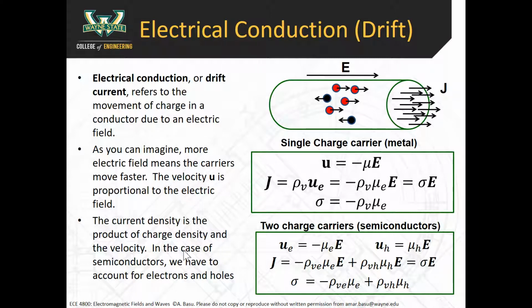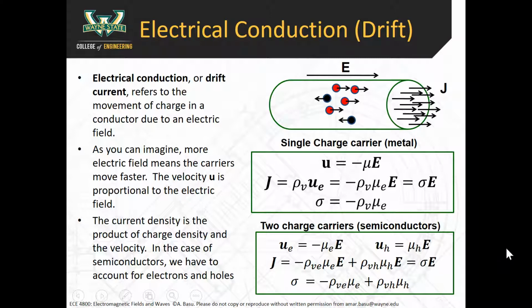Current means moving charge. That sounds very simplistic, but what it means is that if you want higher current, you either have to get those charges moving faster or you have to have more charges. So let's look at some of these equations and what they mean. The current density is a product of charge density and velocity.